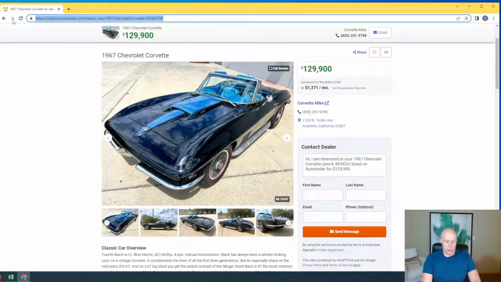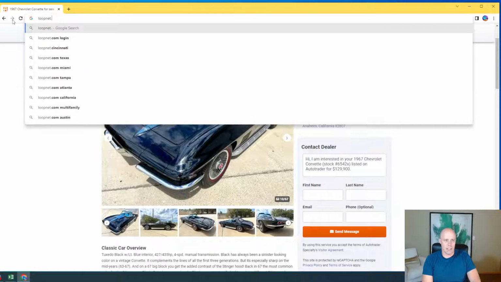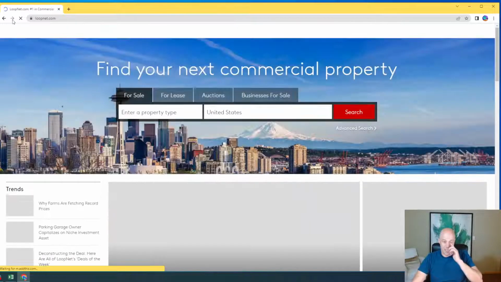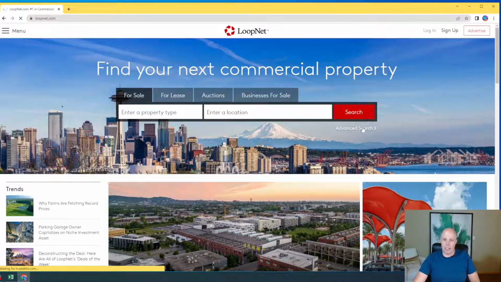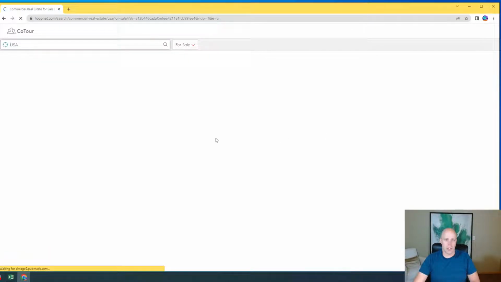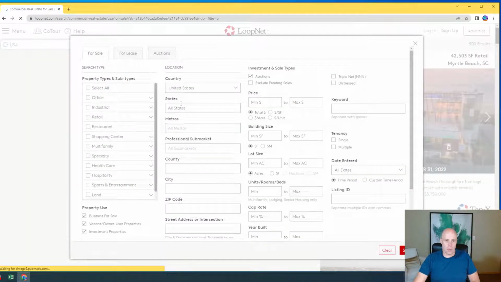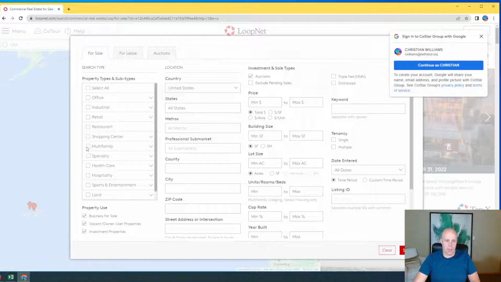So we're going to look at, let's go to loopnet.com. And this is a place where we can find apartment complexes for sale. So let's go. I'm going to click on the advanced search. Underneath this little search bar there, I'm going to click on advanced search, and then I'm going to click on multifamily over here. So we're looking at apartments.